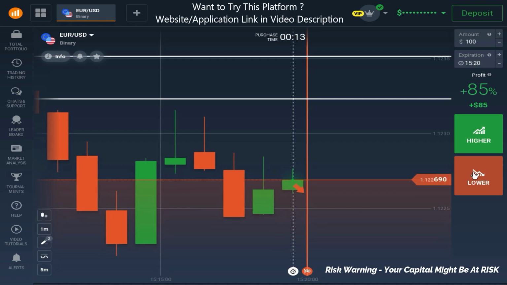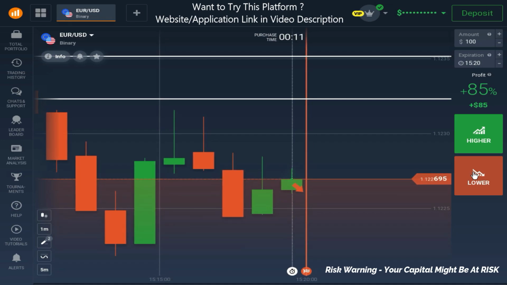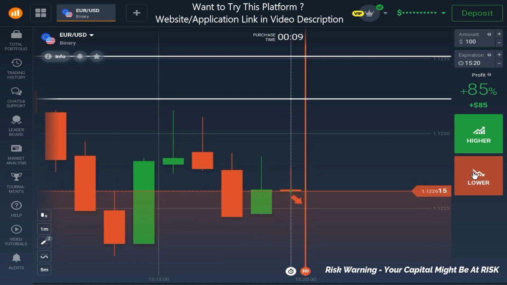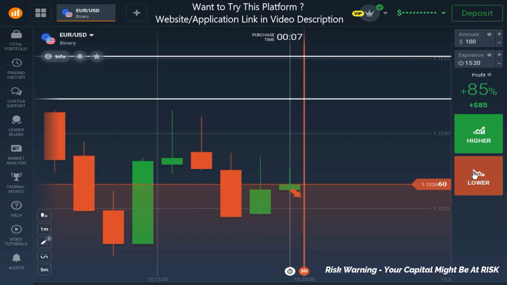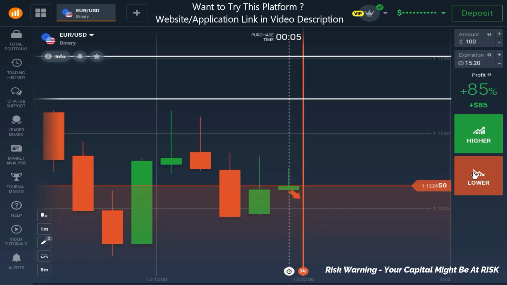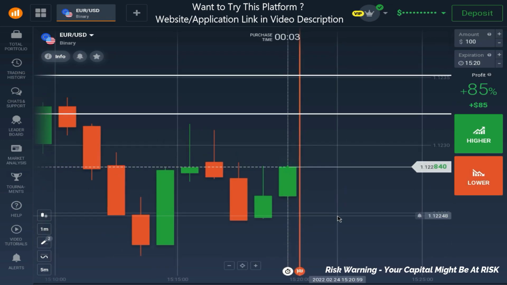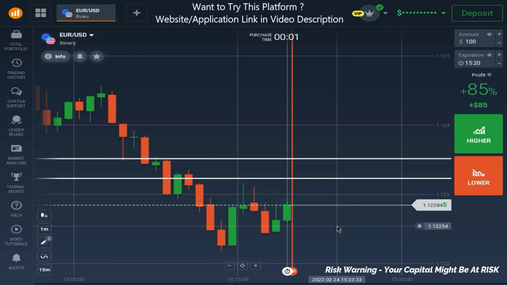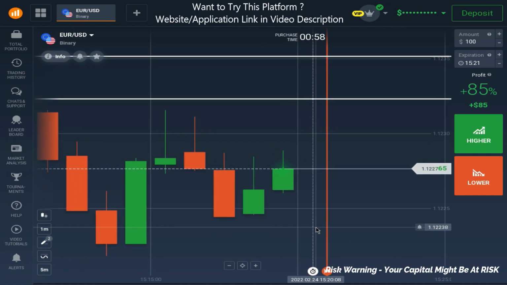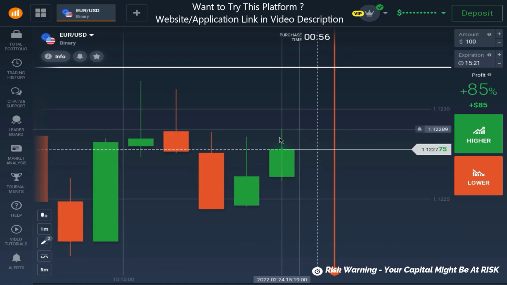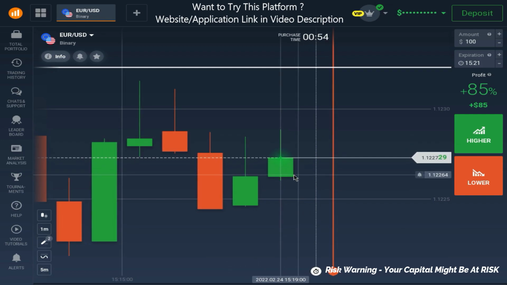I'm waiting for a confirmation. Still no confirmation, we have to wait. Market is kind of messy now. We have to wait for this candle to finish also.